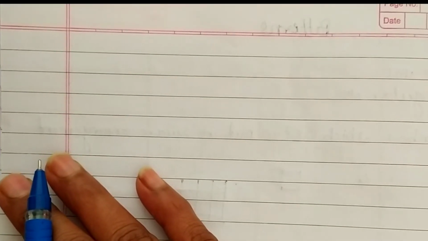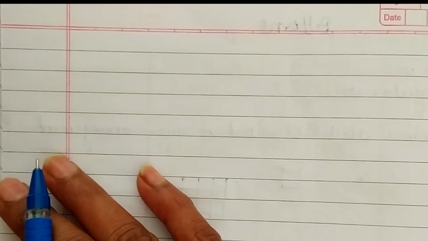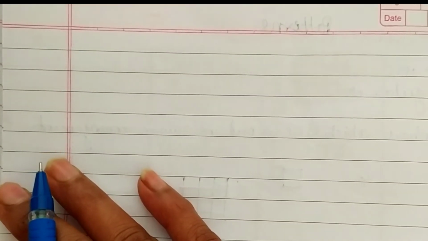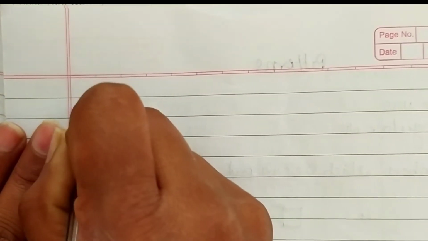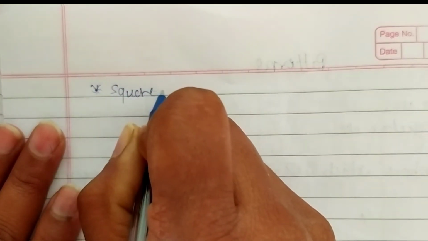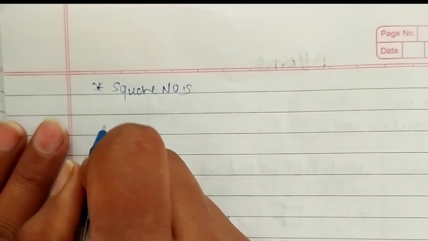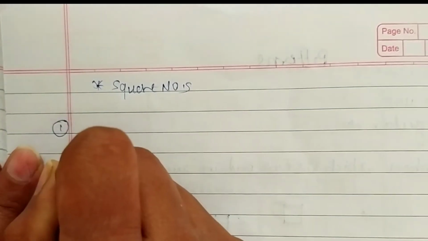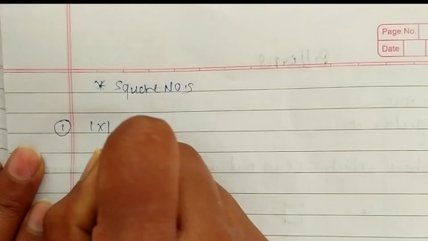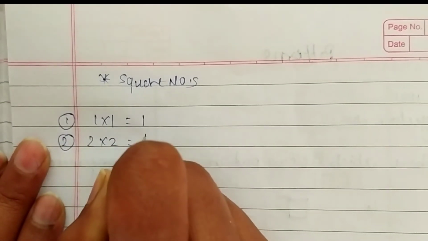Here I give you the list of square numbers and triangular numbers. So first of all, let's write square numbers up to 10. First square number is 1 multiplied by 1 is equal to 1. Second one is 2 multiplied by 2 is equal to 4.